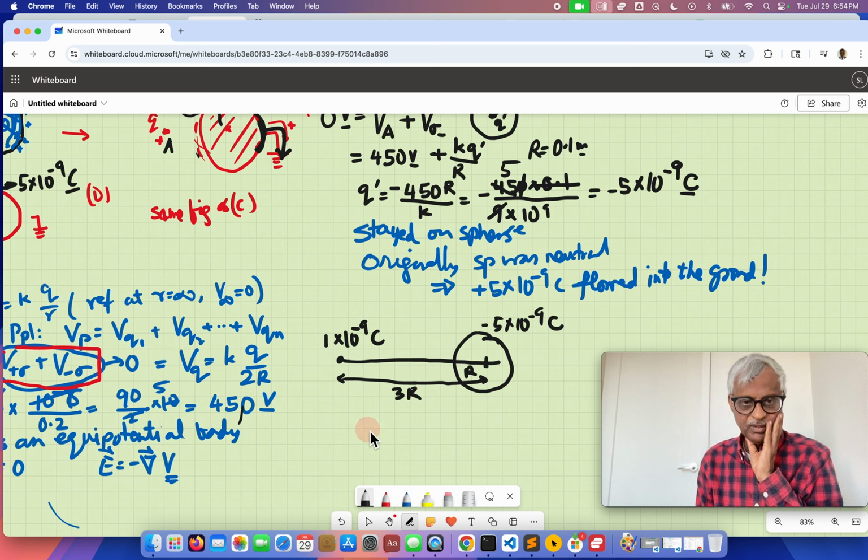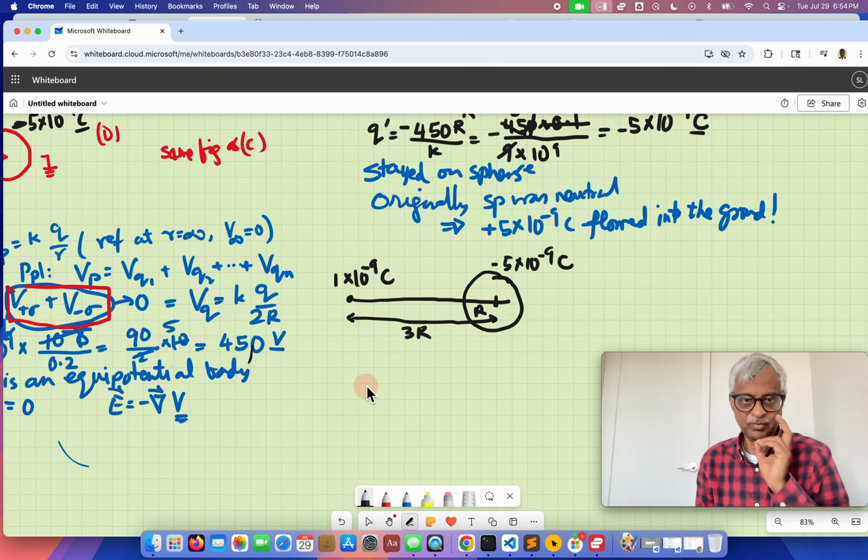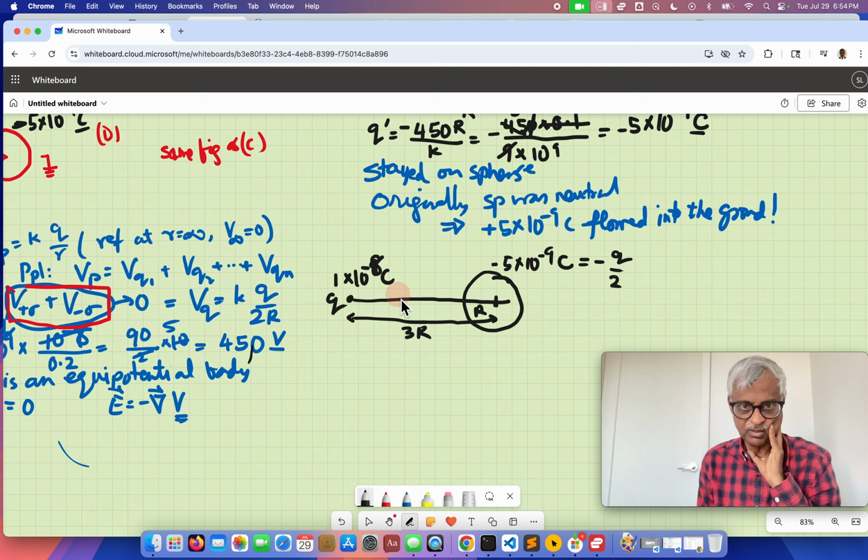Some of the algebra is already done, but we can do it again. This is the Q, and this is minus Q over 2. You can see it's 10 to the minus 8 coulomb, so 10 times 10 to the minus 9, and it's 5 times, so just use the same symbol. So from here you're going to have kQ over 3R plus k times minus Q over 2 over R.